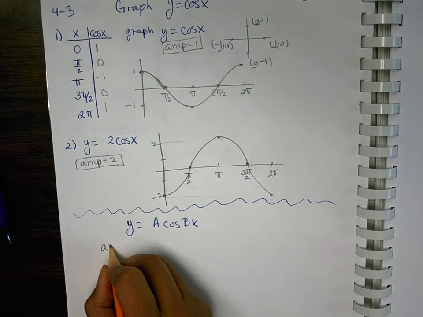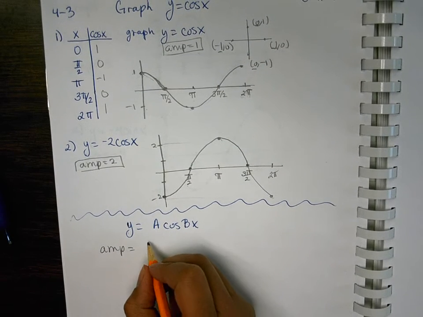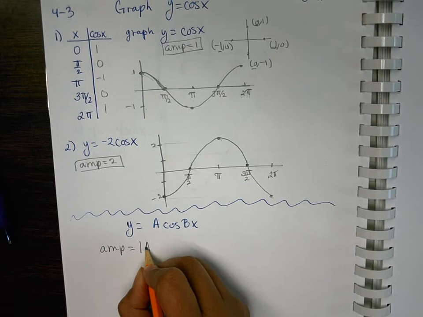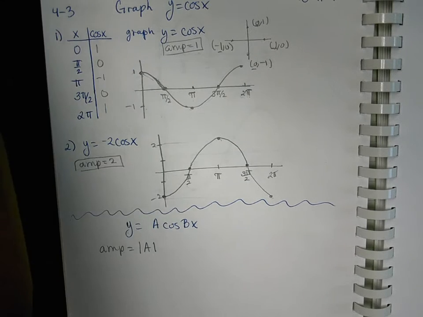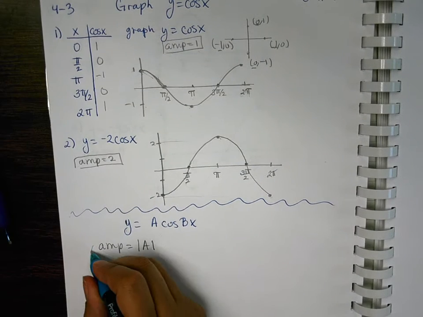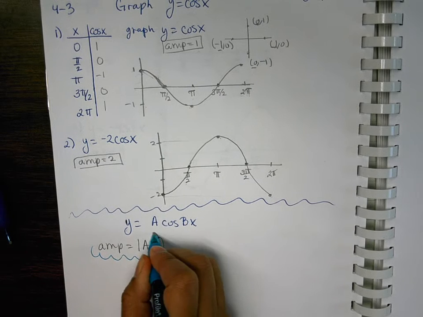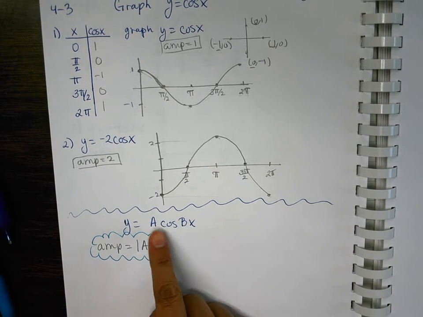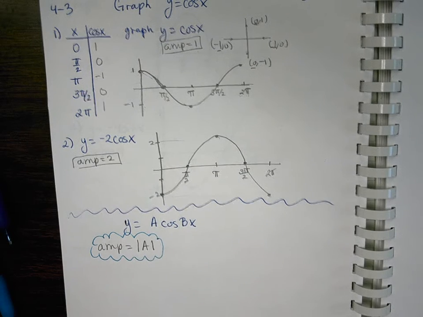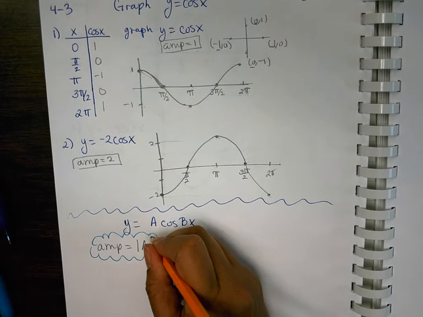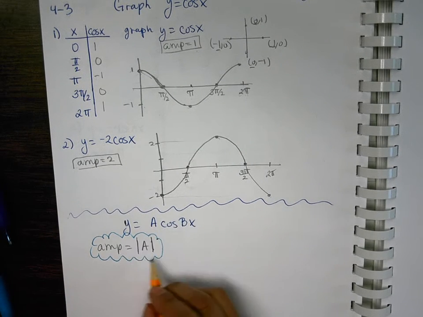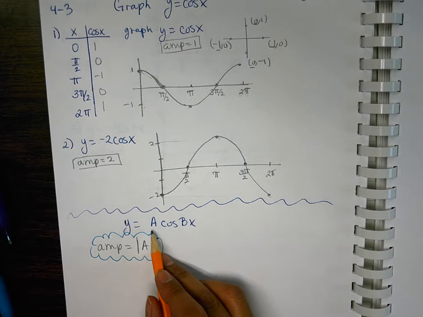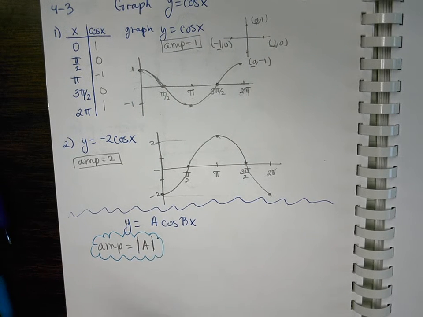Is amplitude A or absolute value of A? Absolute. And why do we put absolute value with the chance that A might be negative? Because it is a variable, it could be negative. If I just put A, that would be wrong, because if A is negative, I'm saying amplitude is negative, and it cannot be. Does the absolute value hurt anything if my A is positive? No, because the absolute value of a positive is still positive. It's not taking the opposite.